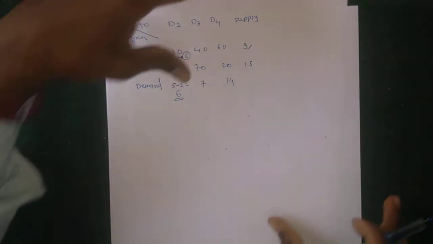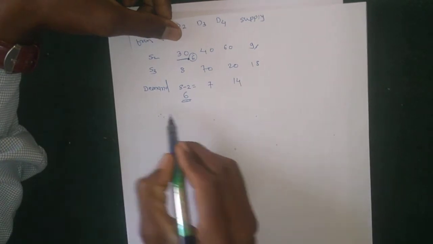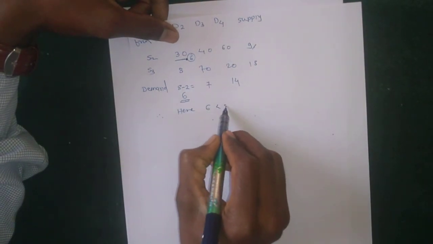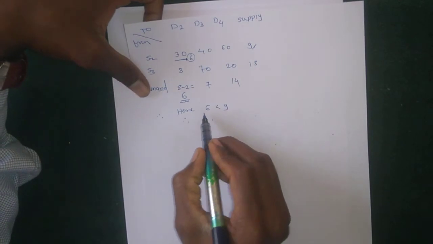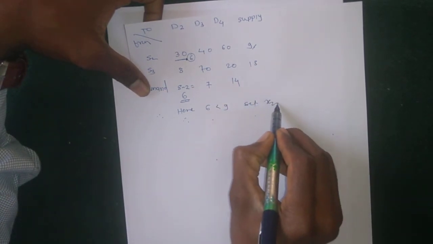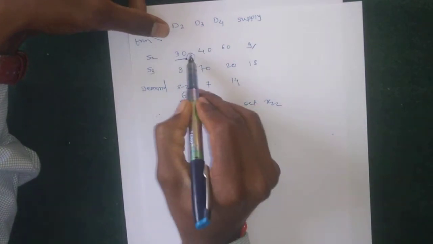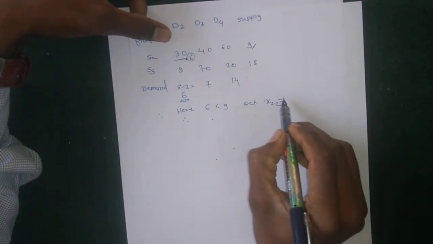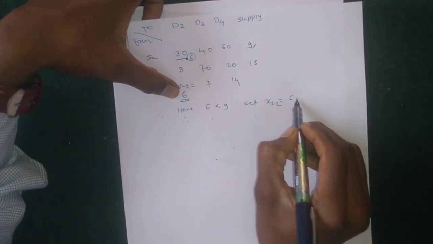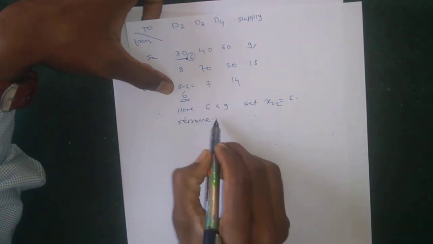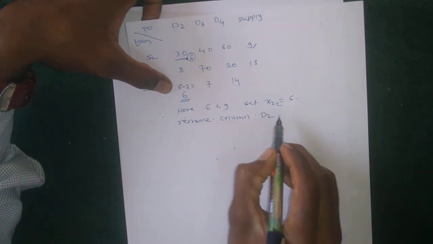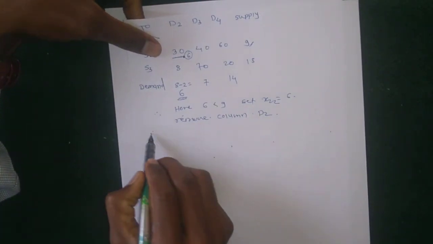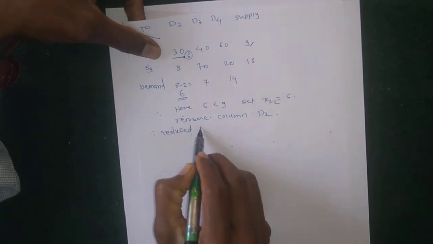Since 6 is less than 9, set x22, second row, second column, equal to D2, whose value is 6, and remove column D2. Removing column D2, the reduced table follows.